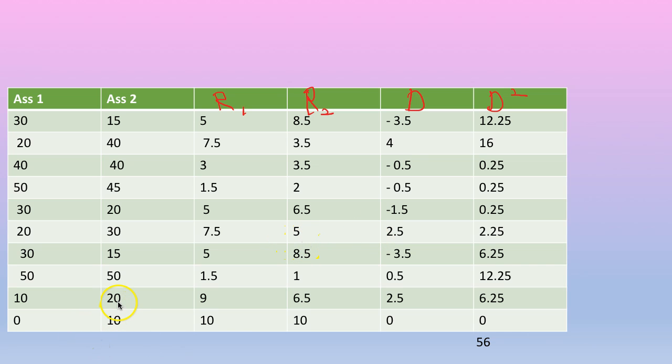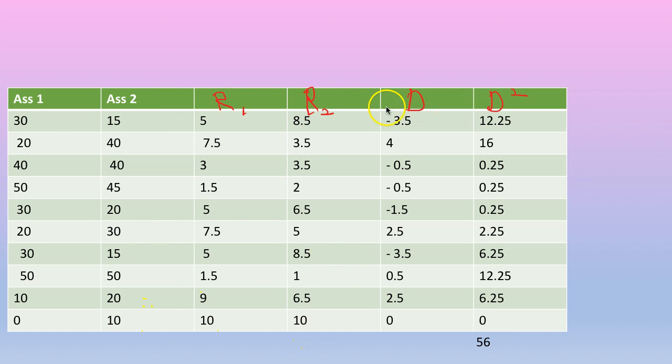Again we have two 20s. That is the 6th and 7th. 6 plus 7 is 13, by 2 is 6.5. So next to 20 we write 6.5. The 6th and 7th rank is gone. Then we have two 15s. So 8th and 9th. 8 plus 9 is 17. 17 by 2 is 8.5. So next to 15 I write 8.5 and 10 is the 10th rank.